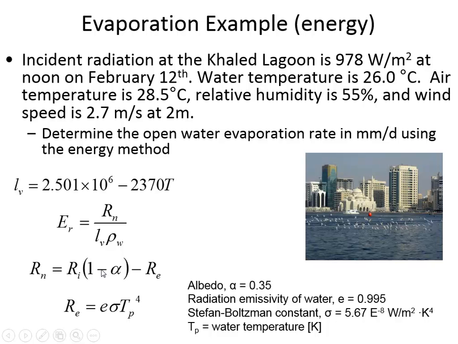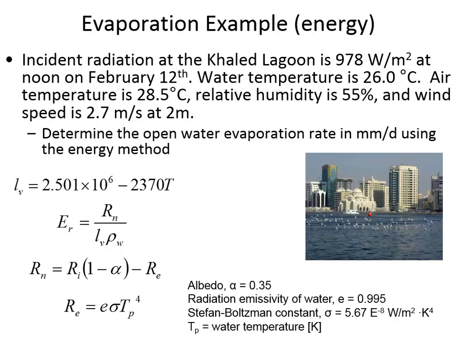And in the case of sunshine coming in like this, there's going to be a certain amount of radiation that's just reflected off of the surface, and also the water itself has the potential to be radiating, in addition to that which is reflected off the surface, so radiated heat. And that's what's accounted for here.